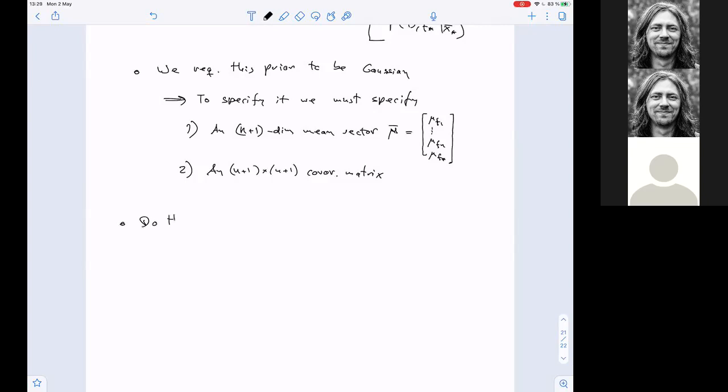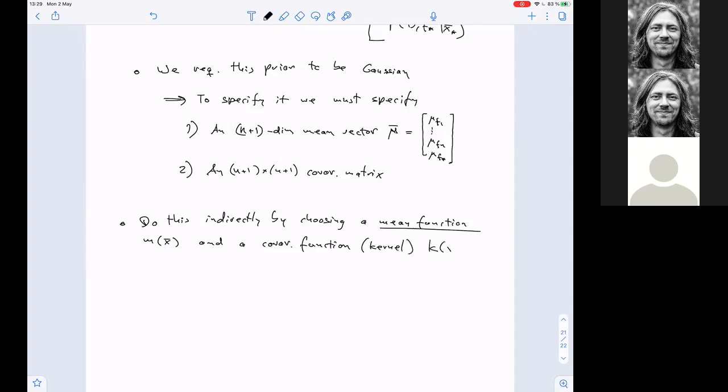So we do this indirectly by choosing a mean function, of the form m of x, and a covariance function, also referred to as the kernel.